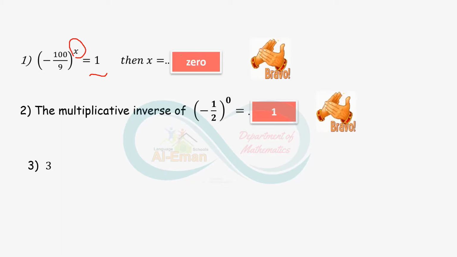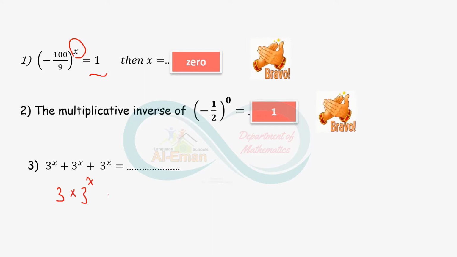Excellent. 3 to the power x plus 3 to the power x plus 3 to the power x means 3 times 3 to the power x. When we multiply, we add the powers.